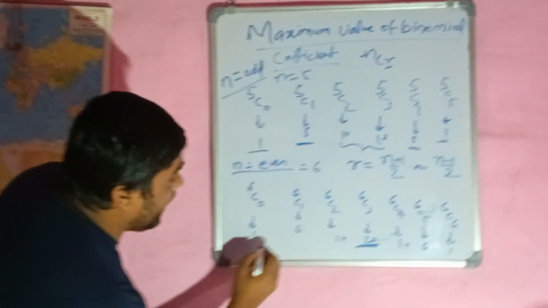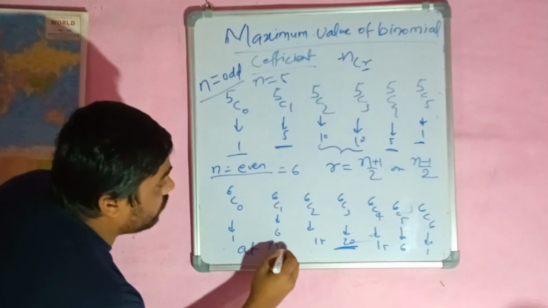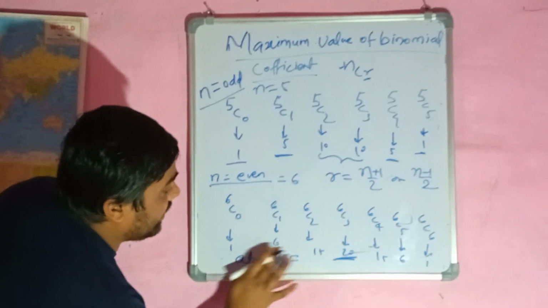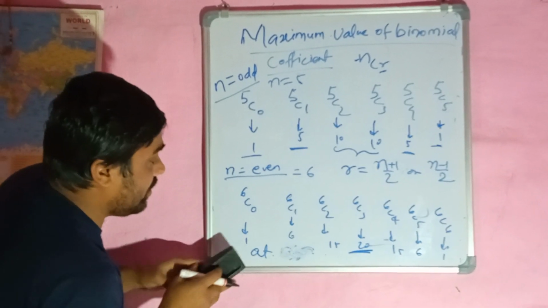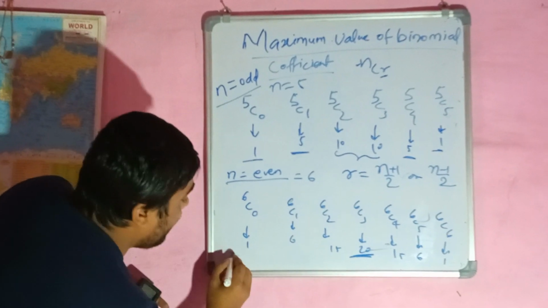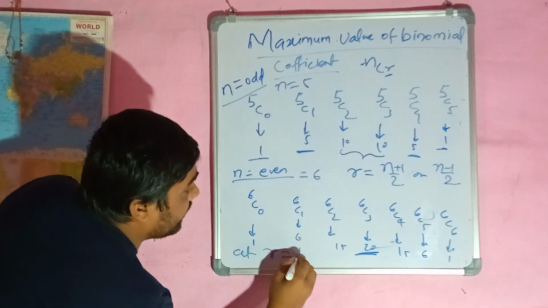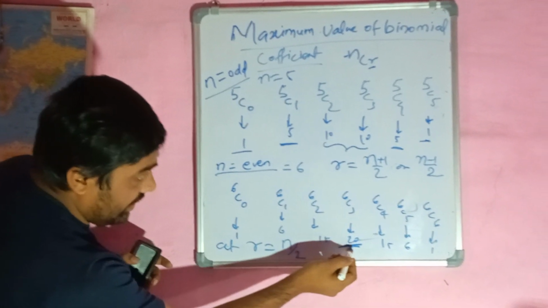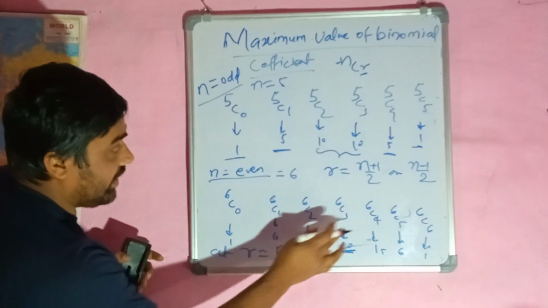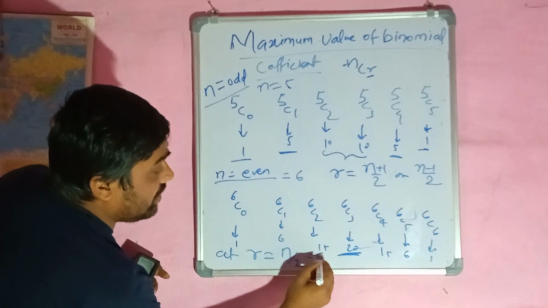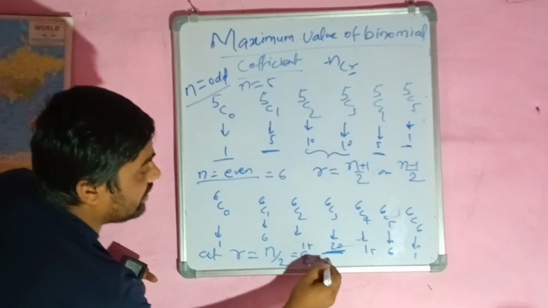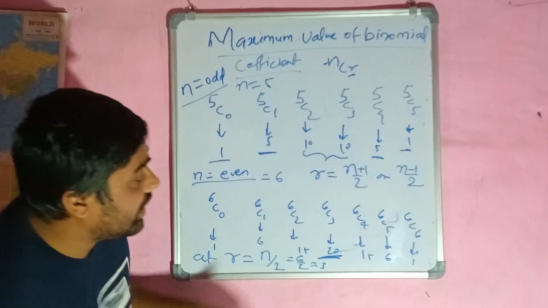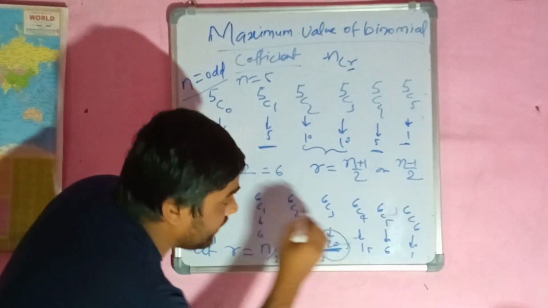So simply at r is equal to n by 2, here you are getting a maximum value. Here n is equal to 6, 6 by 2 is equal to 3. At r is equal to 3, you are getting the maximum value, that is 20.